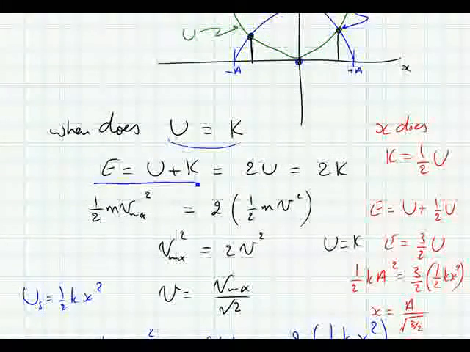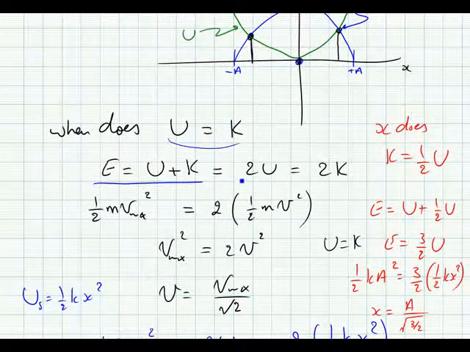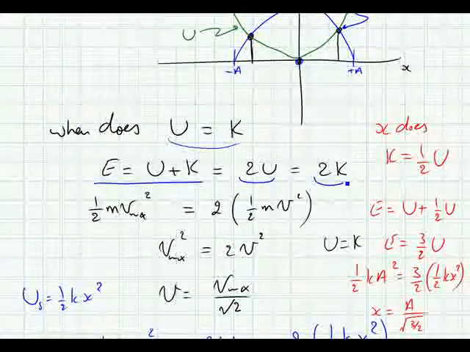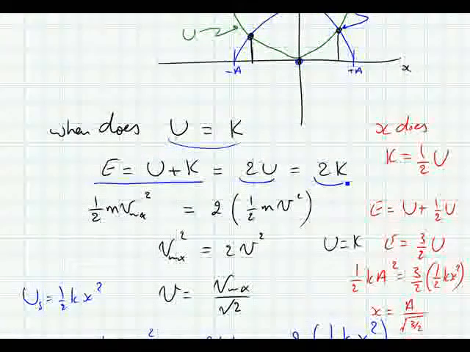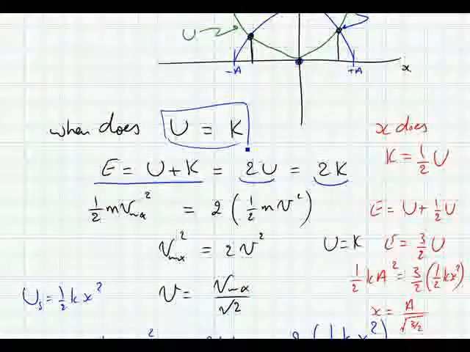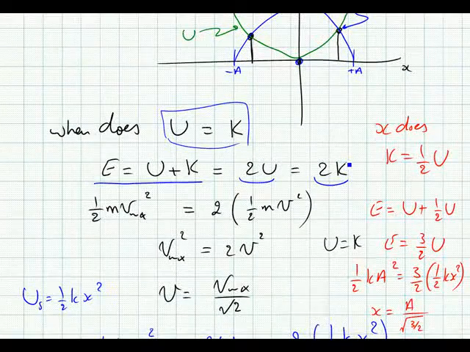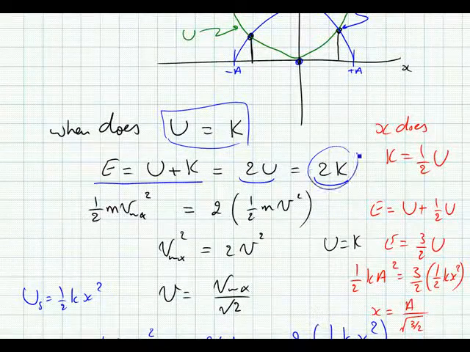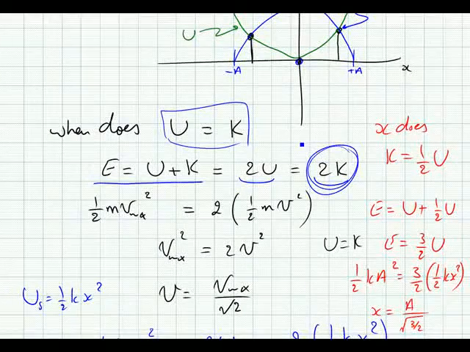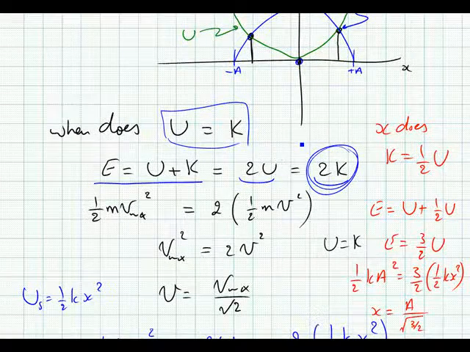Well, this is our generic expression, so we can write the total energy as either 2U or 2K, since U equals K. If we are interested in the answer in terms of velocity, then of course it's the kinetic energy relationship we're going to use.